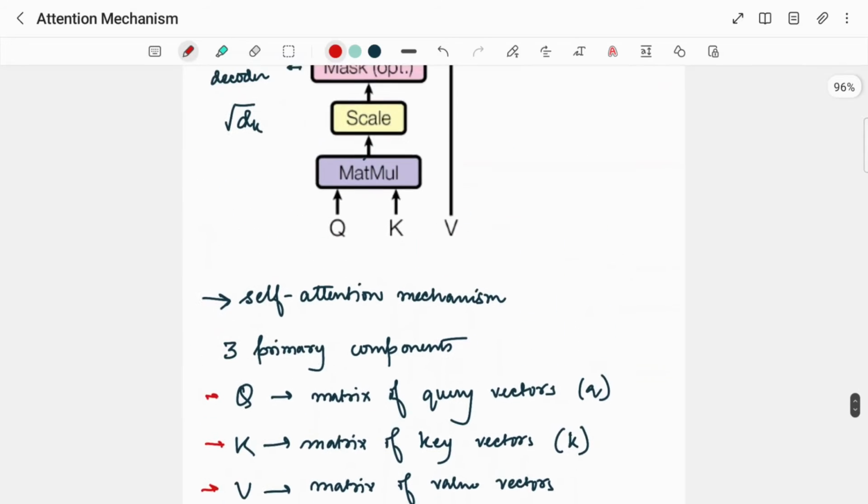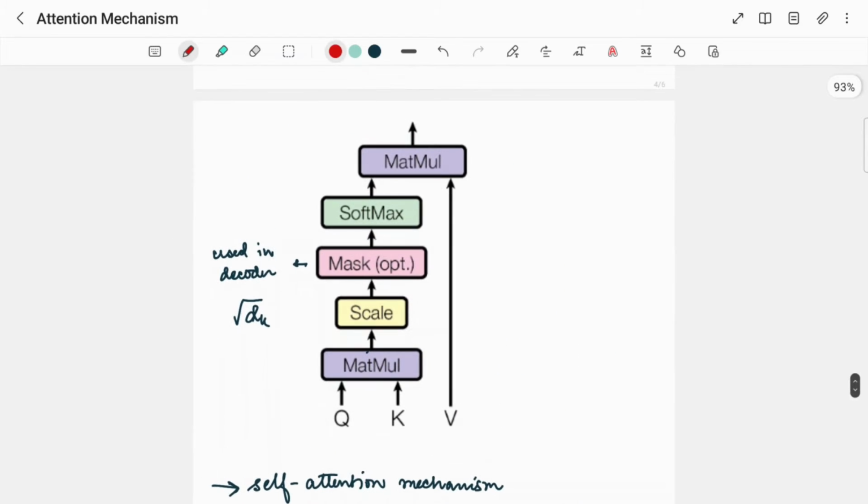Now next we shall see the mathematical computation, and how we generate this Q, K and V. The Q vector is generated from the input embeddings and a matrix WQ. WQ is learned during training.